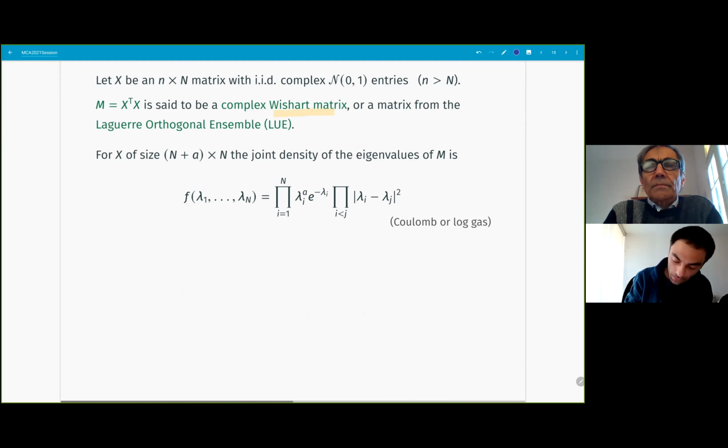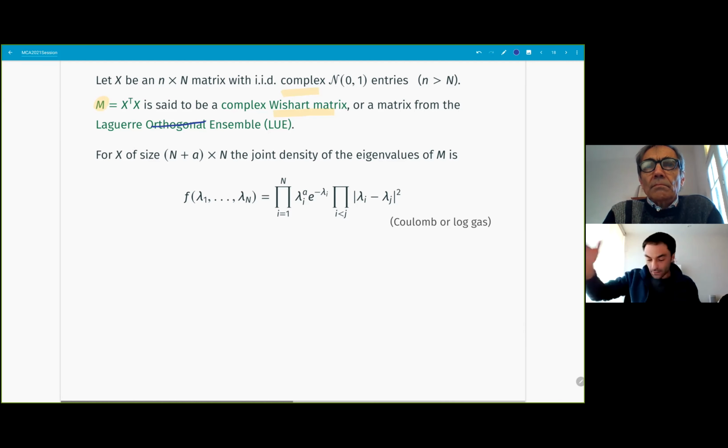Now, suppose instead I take complex Gaussians. So again, now I have complex Gaussian samples, and I compute this sample covariance matrix. That's known as the Laguerre unitary ensemble.